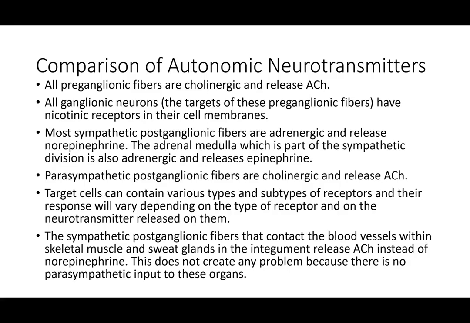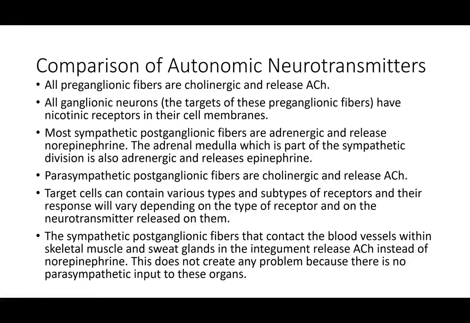All of the preganglionic fibers are cholinergic, and they release acetylcholine, and all of the ganglionic neurons, which are the targets of the preganglionic fibers, have nicotinic receptors in their cell membranes.